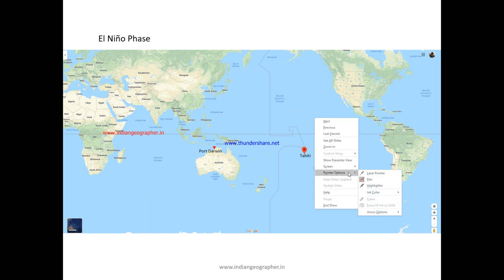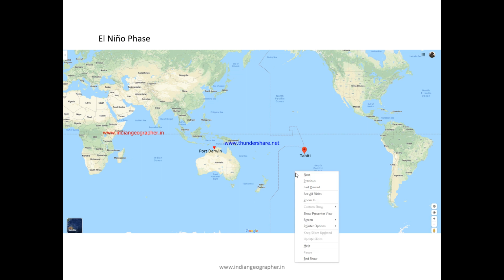So here, the warmer waters from here start moving towards the Eastern Pacific. This is a result of weaker trade winds. The trade winds are weak, and they are unable to push the surface water towards the Western Pacific.